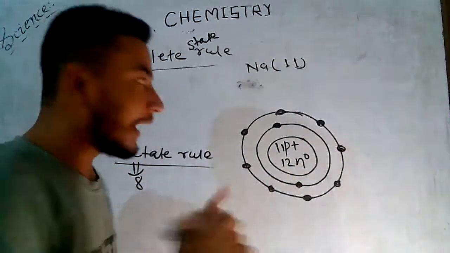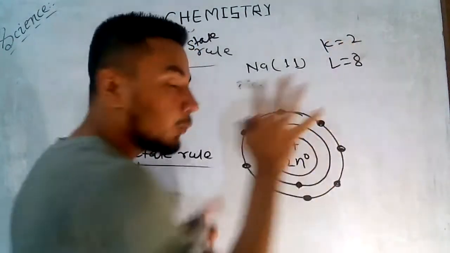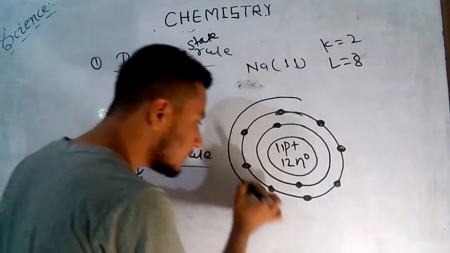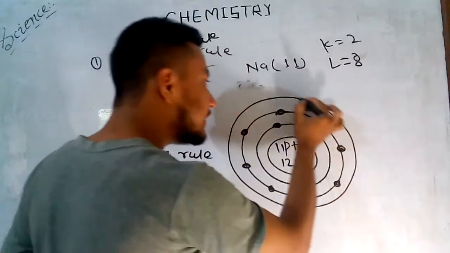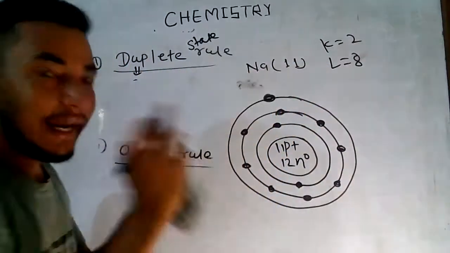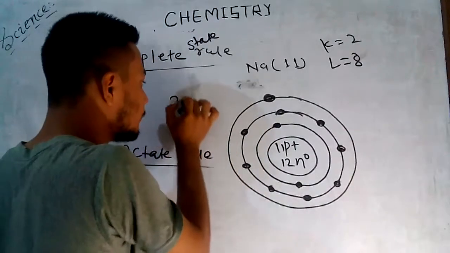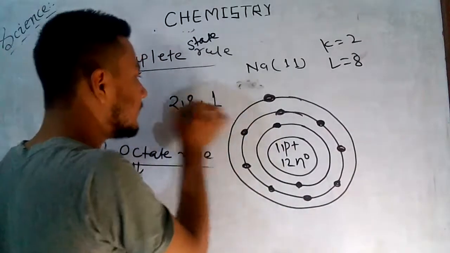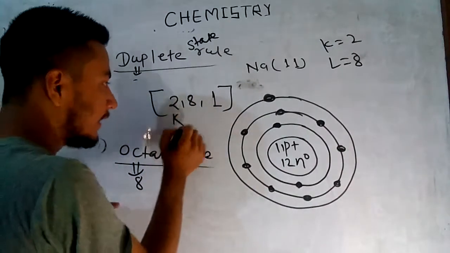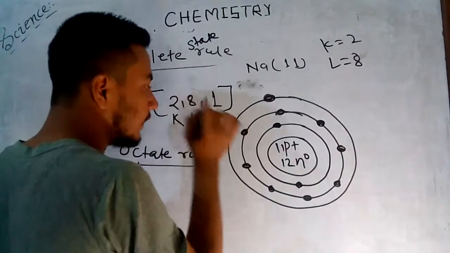The capacity of the K shell is 2 and the L shell is 8, so we have to draw one more extra shell, and this shell has only one electron, because the total is 11. So 2, 8, 1: 2 electrons in the K shell, 8 in the L shell, and 1 in the M shell.